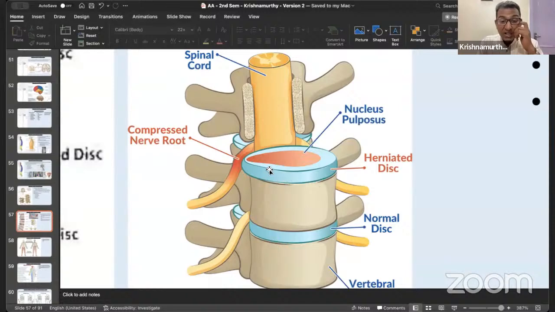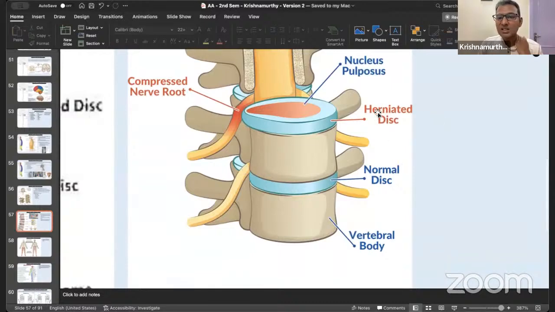When this disc pushes and compresses it, they will get pain in the nerve. So they will have cervical pain or lumbar pain and all those kinds of problems. This is called a herniated disc, where it has bulged out.